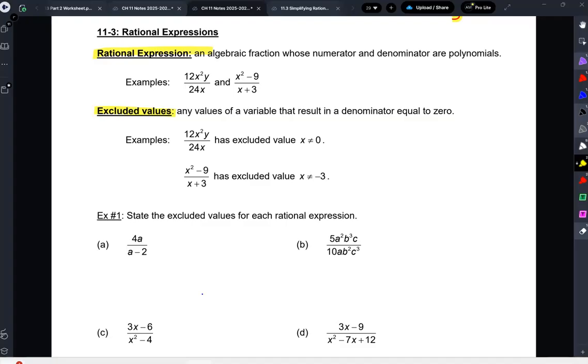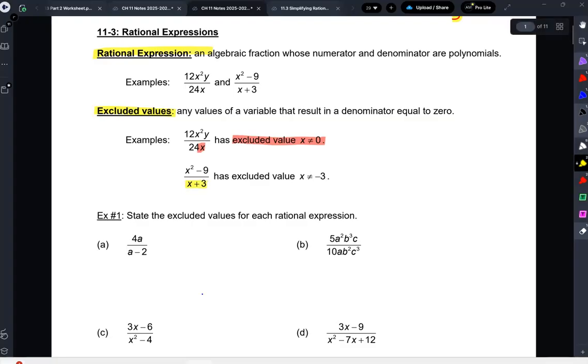Okay? So take a look. Look at this one. I have a variable in here that is an x, right? When x is 0, this denominator will be 0. So I say it has an excluded value, and that value is x cannot be 0. Look at this one.